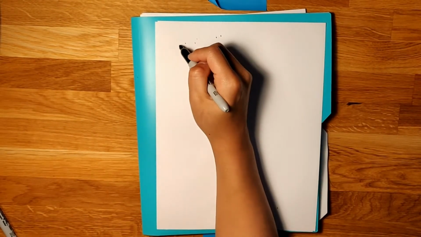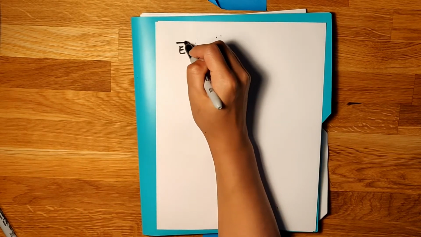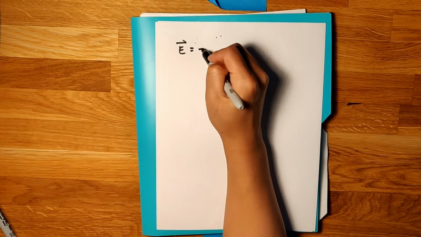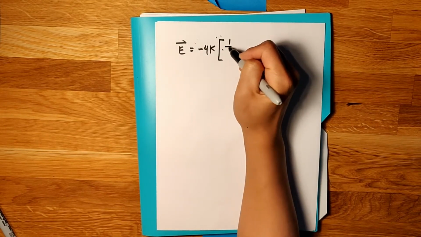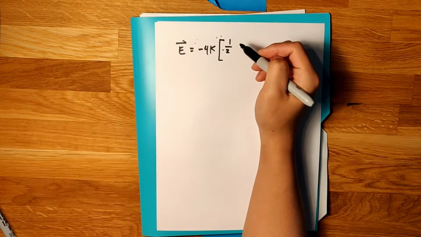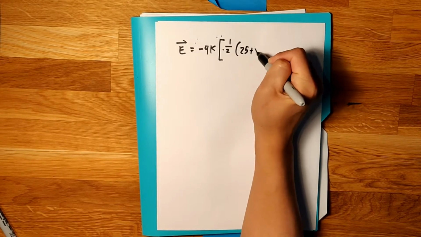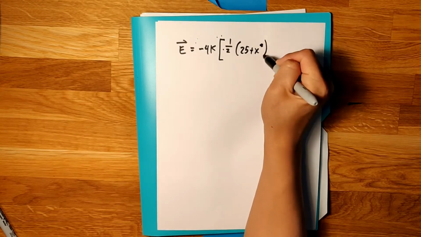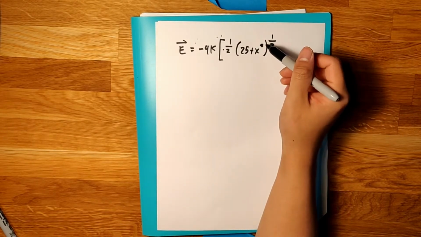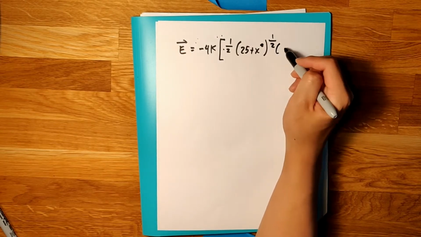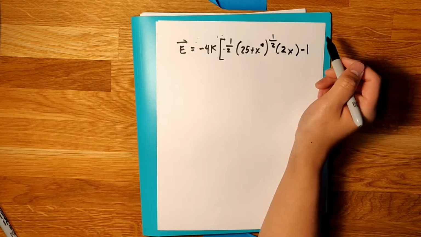So, taking the partial derivative with respect to x will give us E equal to negative 4k times 1/2 after we take the derivative of (25 plus x squared) to the 1/2, and then we have to worry about the chain rule, so we get 2x on the outside, and then minus 1 after taking the derivative of x.